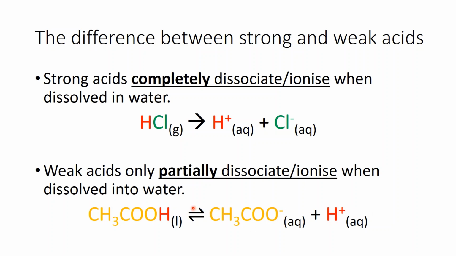This reversible reaction means that the equilibrium is heavily shifted over to the left-hand side, meaning that most of the particles in a solution of weak acid are undissociated as opposed to dissociated. They are unionized as opposed to ionized, as illustrated in the previous diagram.